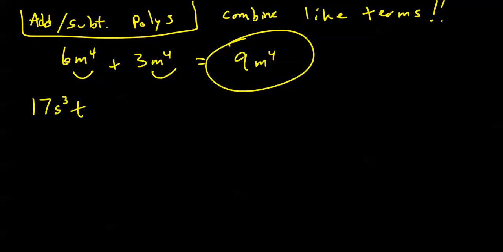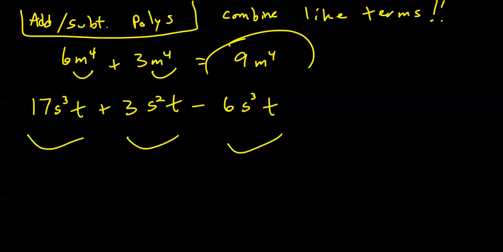Let's try another one. 17 s cubed t plus 3 s squared t minus 6 s cubed t. You'll notice there are three terms. This is a trinomial of degree 4, is it not? The idea here is two of these terms are like terms. Which terms are the like terms?